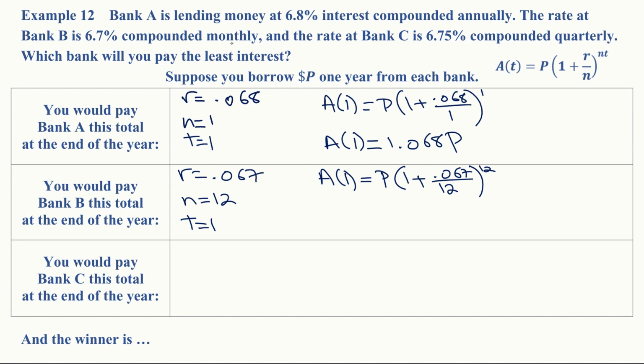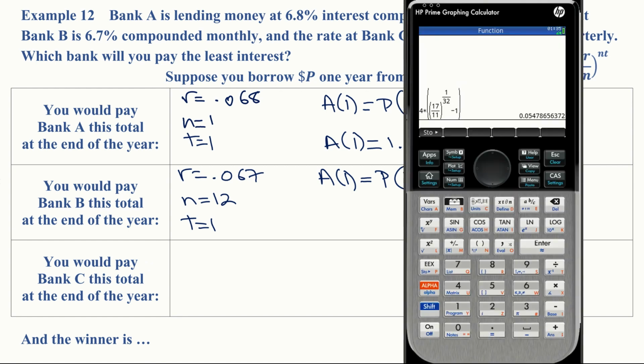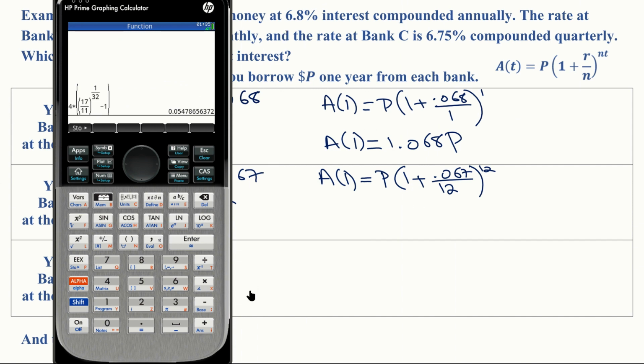So let's go ahead and calculate what this amount is, right? So 1 plus 0.067 divided by 12, exit all that, and then to the power of 12.